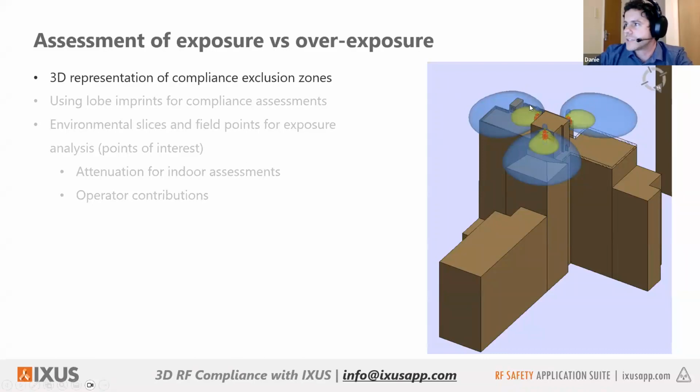So what these 3D exclusion zones then represent is that a person should not be able to enter these exclusion zones. Well, for the blue, obviously a member of the public, because that would mean that they are being overexposed. So that's now a very nice way to see where the overexposure areas are and where we should avoid people getting to that location.